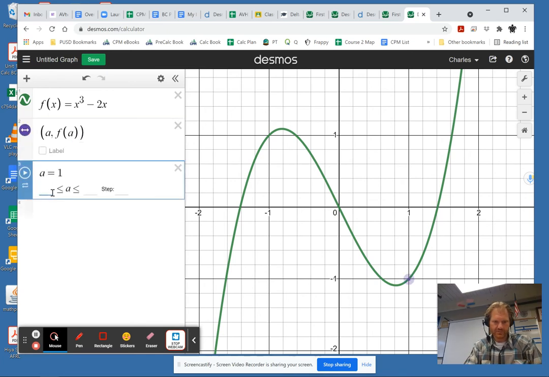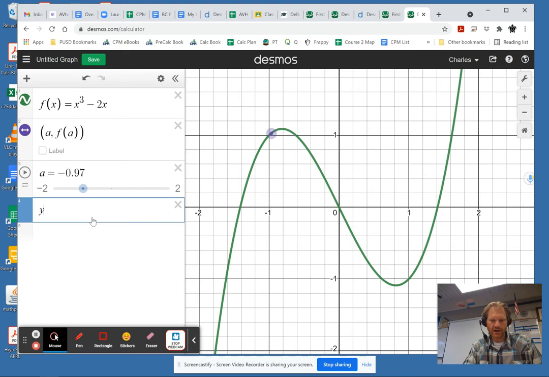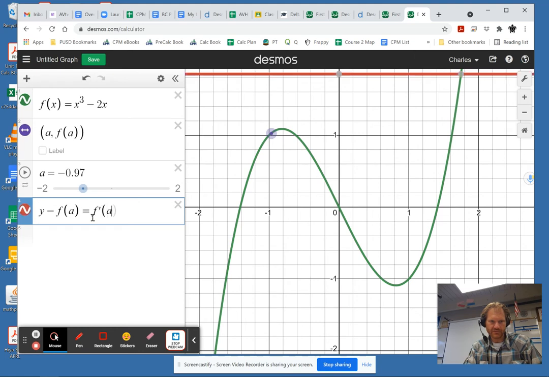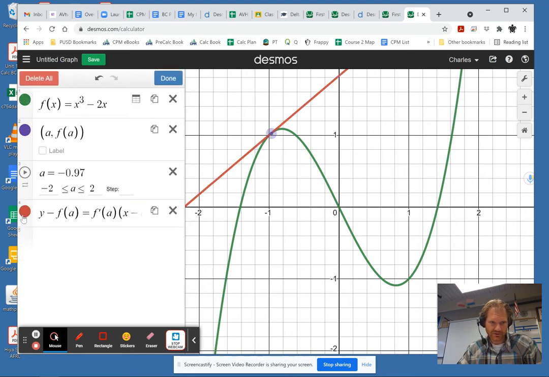Let's see, we just want to go between -2 and 2. Where's my point? That looks good. Then I can do y minus f of a is equal to f prime of a times x minus a. You don't have to understand how all this stuff is happening, just that it can happen.